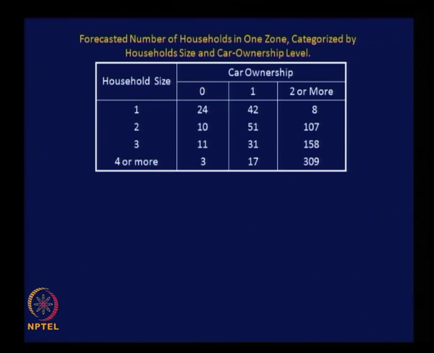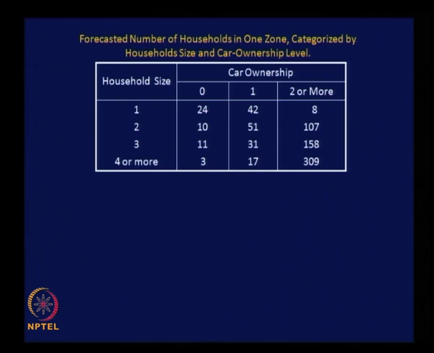You can find out in a traffic zone how many one person households own no car, how many one person households own only one car, and how many one person households are owning two or more cars, isn't it? So like that, do that for different household sizes 1, 2, 3, 4 and more, and get the actual number of households of each category. Then we have already calculated the trip rate for each of these categories and simply multiply these numbers by the corresponding trip rates.